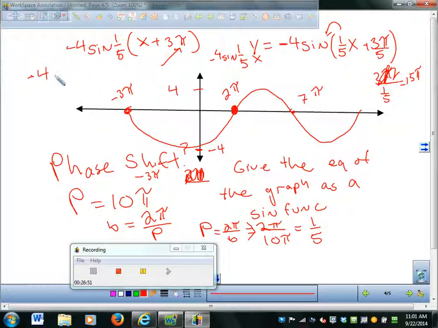I could have written this as 1/5 x minus 2 pi, or 1/5 x minus 2 pi over 5. Both of those, if you graph them, would have given you exactly the same thing. Okay, I hope that helps.